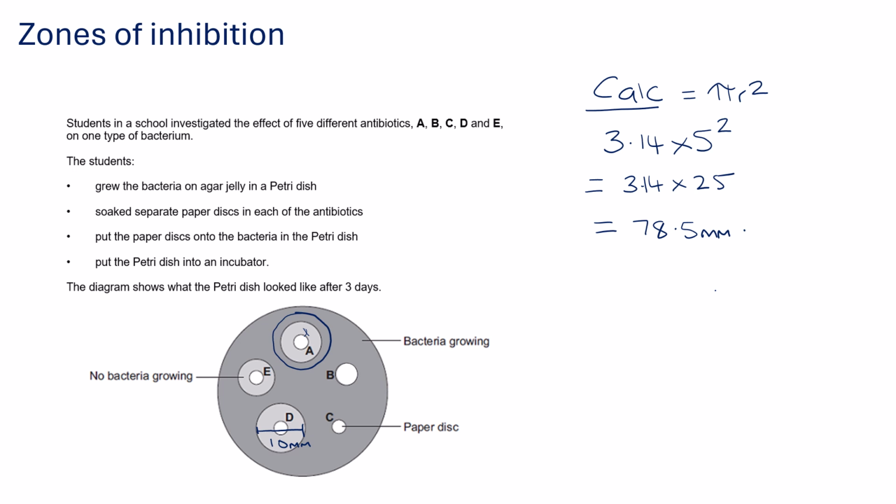Now, secondly, they could ask you to describe the results. And there are a couple of things that you can take from your results on your agar plate. First of all, they could ask you to compare the effectiveness of the antibiotics. And you can assess the effectiveness of the antibiotic by the size of the zone of inhibition.